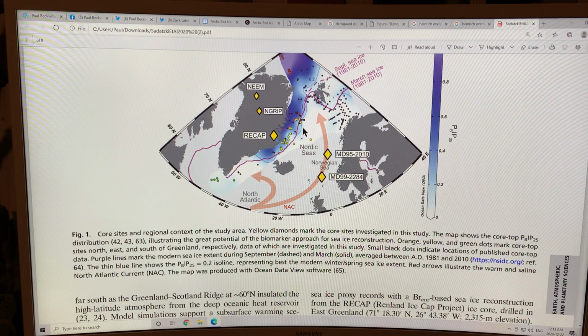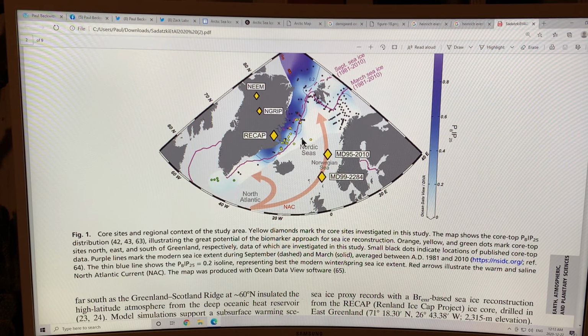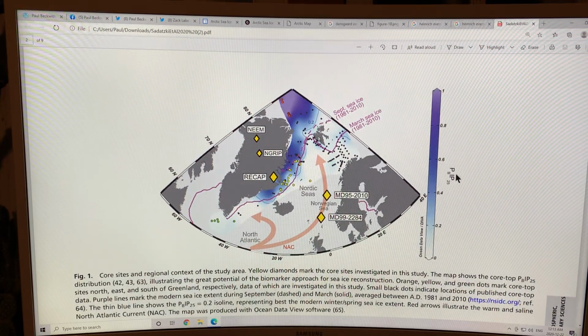This is the particular biomarker here, and what you can see is the blue shading, which was the extent of the September sea ice 1981 to 2010, and this is the March sea ice 1981 to 2010. And these are the core top data.